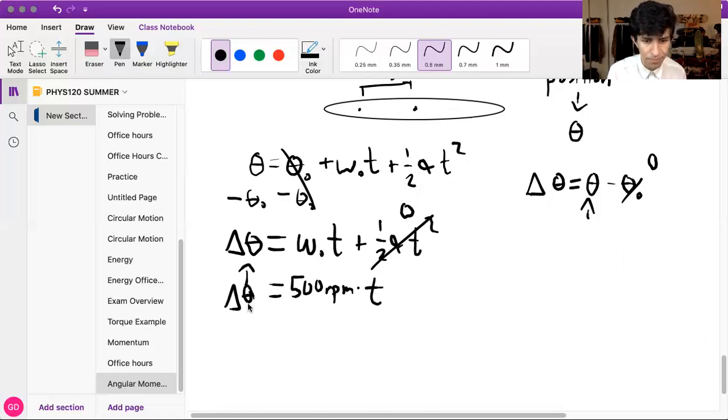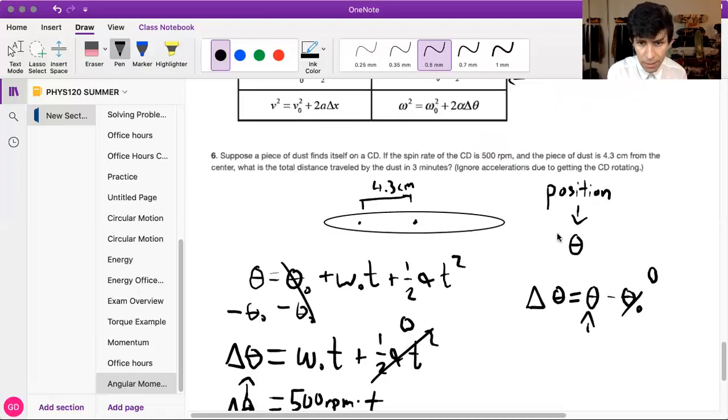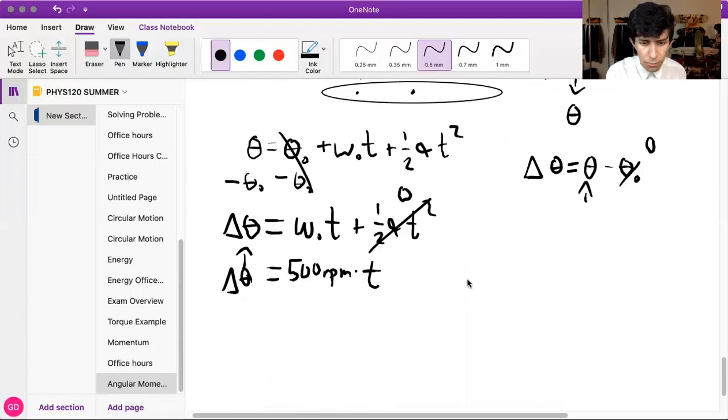Change in theta. Are we given the time? So they do. They tell us what is the total distance traveled by the dust in 3 minutes. So 3 minutes. Let's rewrite 500 RPM in fraction format so we can see if we need to convert, because RPM has minutes in it. So it's an angular velocity in minutes instead of radians per second.